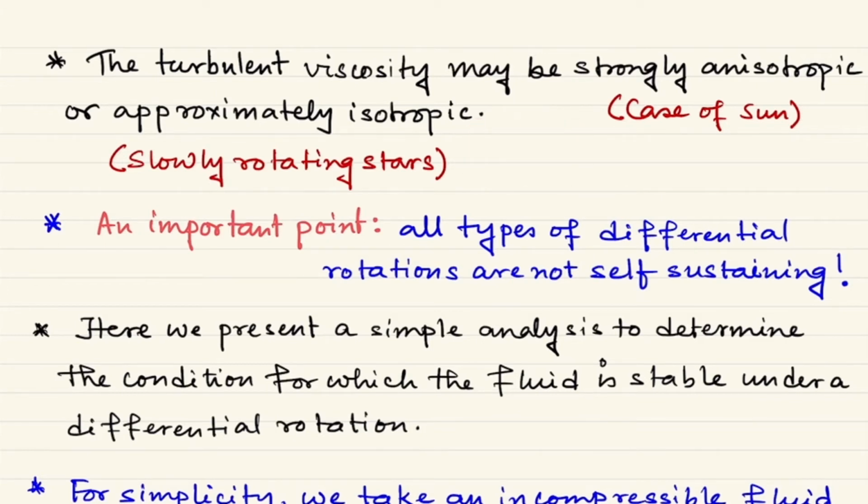So something like tau xy will be equal to tau yx, for example. And then tau yz will be equal to tau zy, and tau zx will be equal to tau xz.